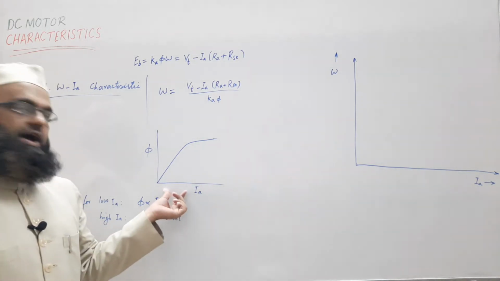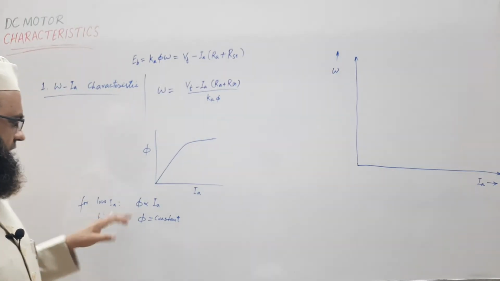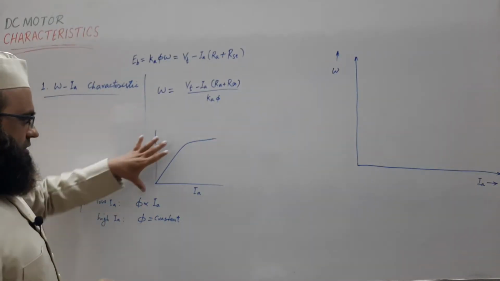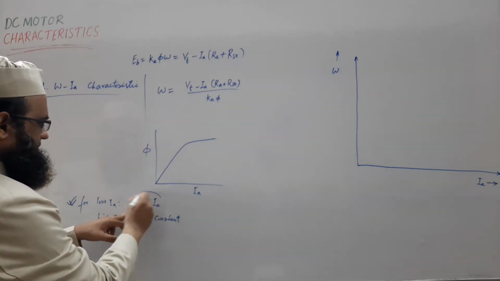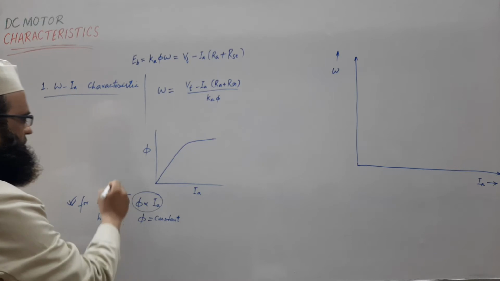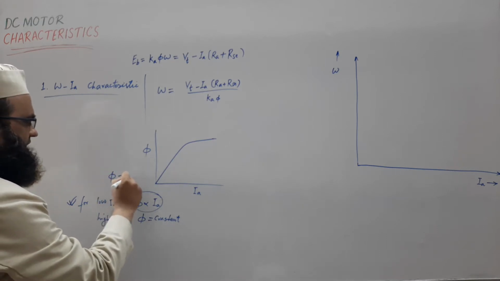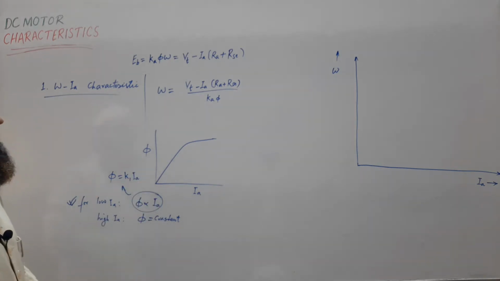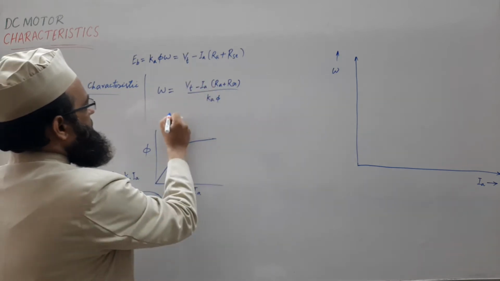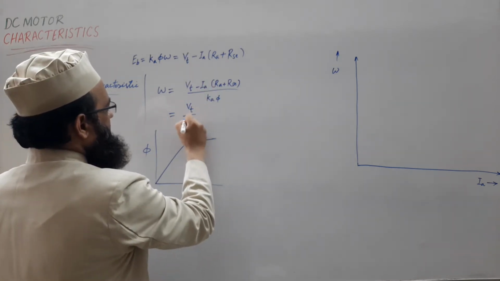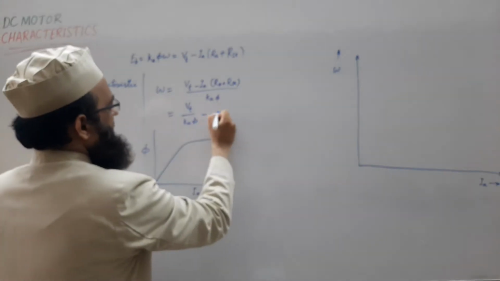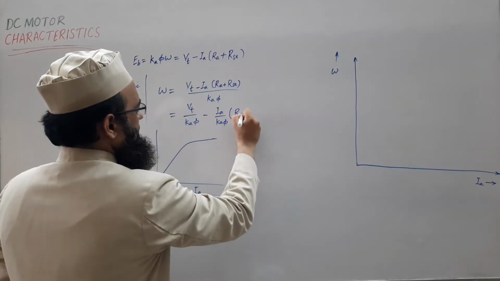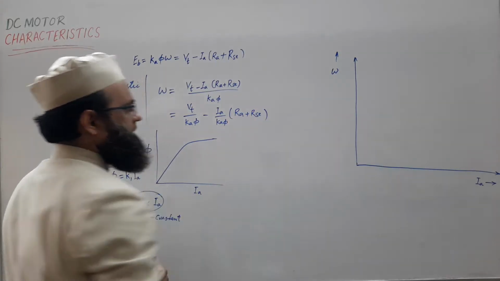Let us take first the lower values of Ia. Take some constant and write phi equal to, let us say, K1 Ia. So omega is Vt by Ka phi in general, minus Ia by Ka phi times (Ra plus Rse).